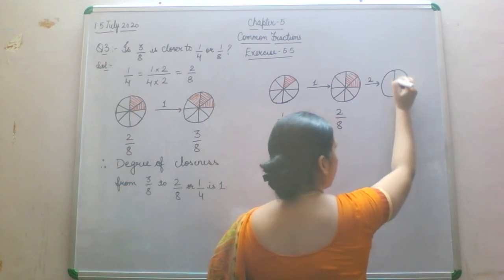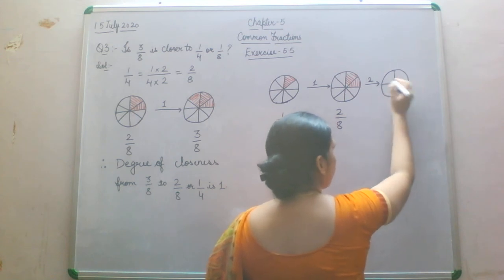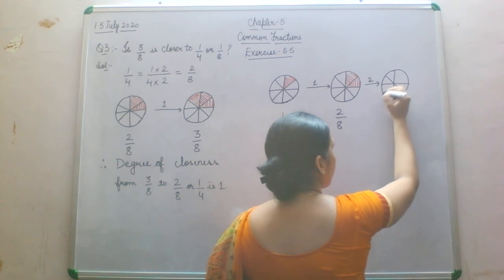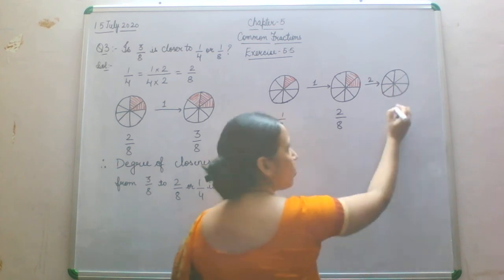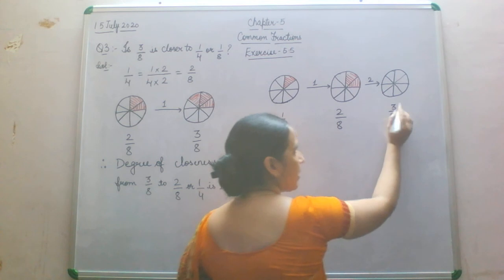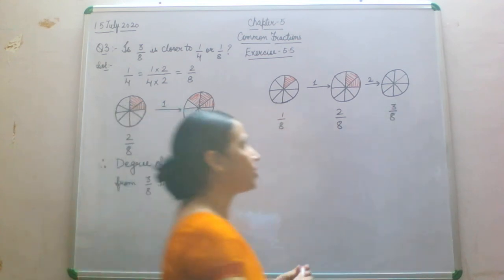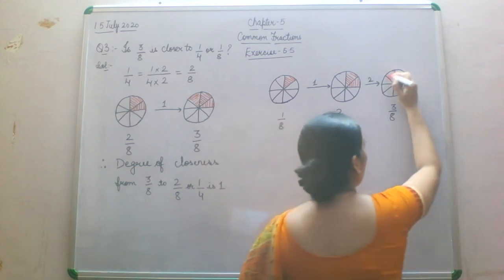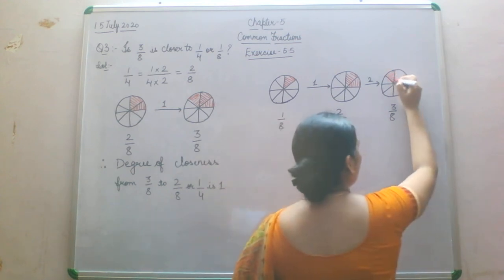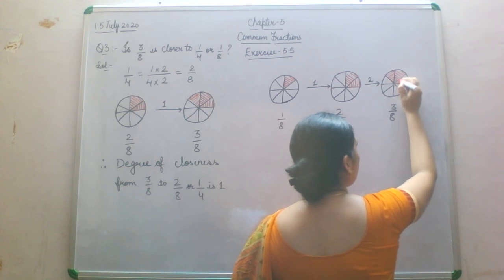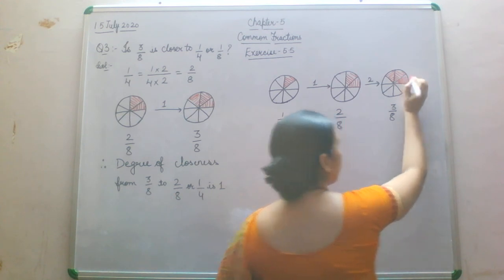We will get 3 by 8. For getting 3 by 8, how many parts are we going to shade? 3 parts. So we will shade 1, 2 and 3.